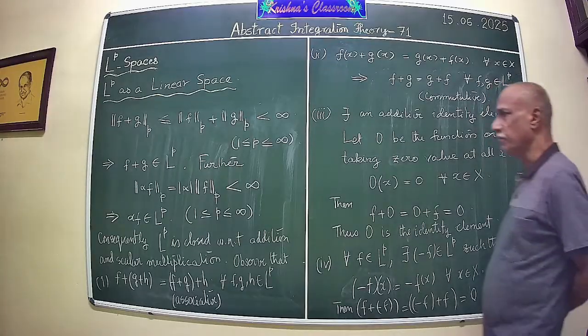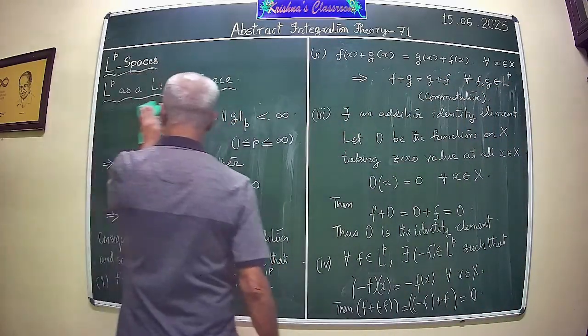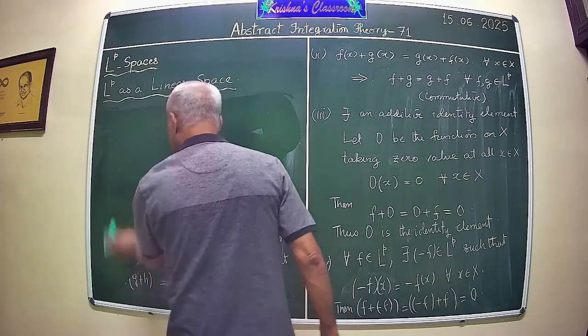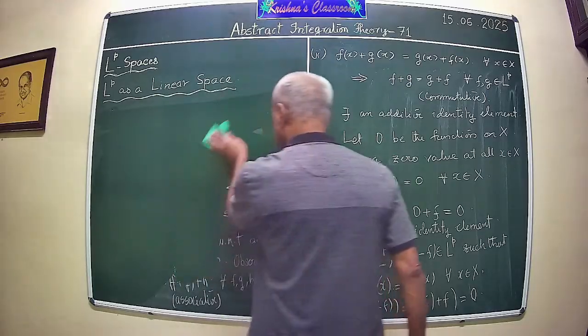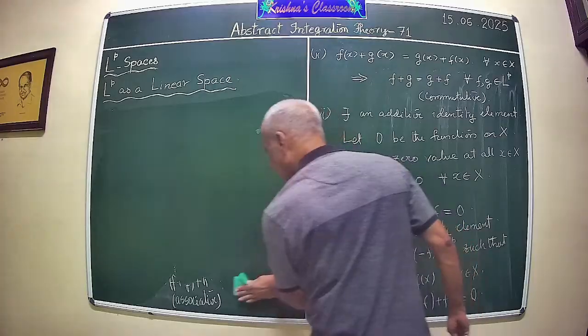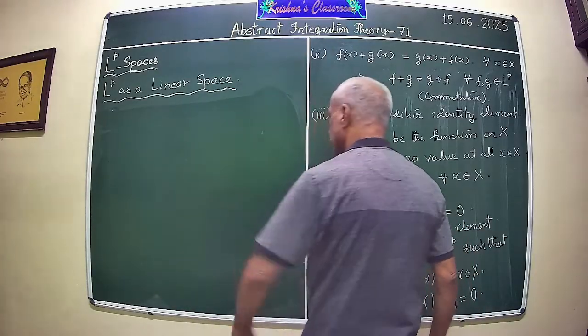Therefore, minus f is the inverse element of f. So there exists an identity element and there exists an additive inverse element.